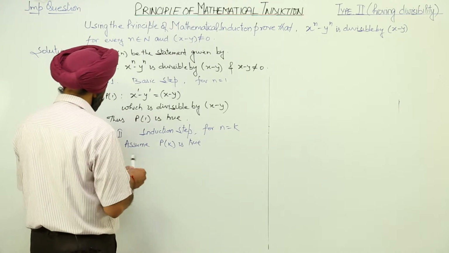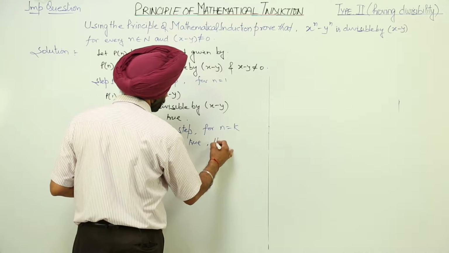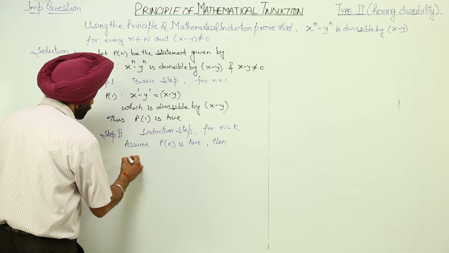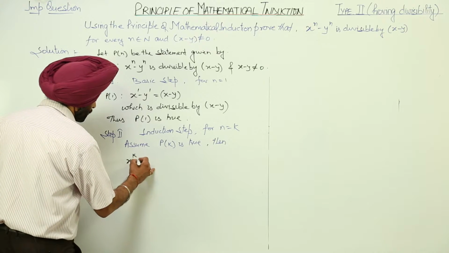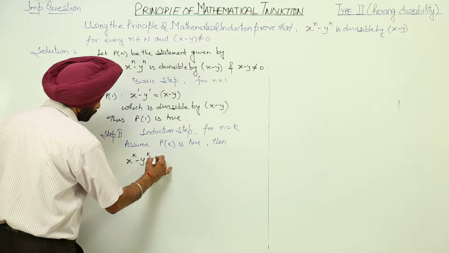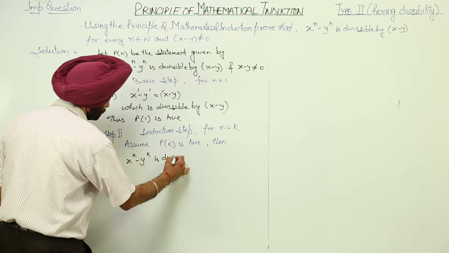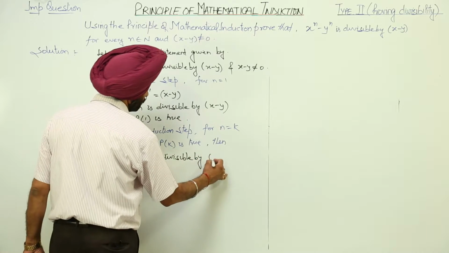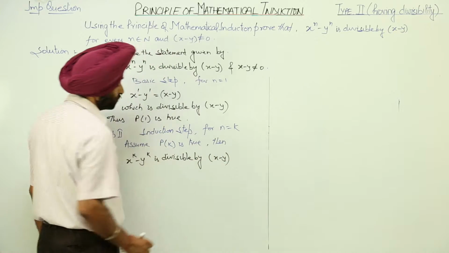Okay. Then what we are getting? We are getting x raised to power k minus y raised to power k is divisible by x minus y.